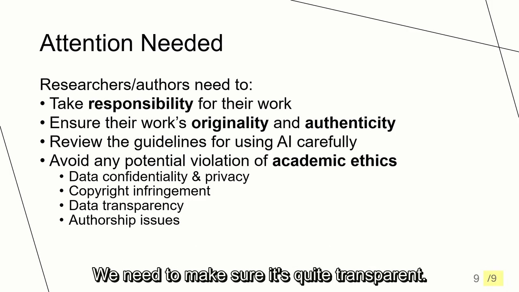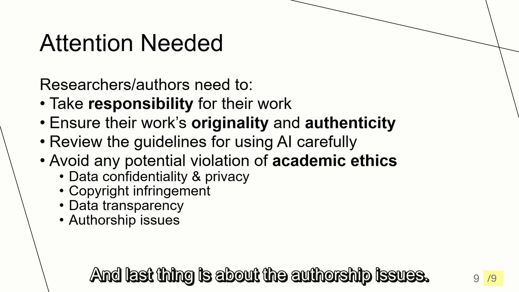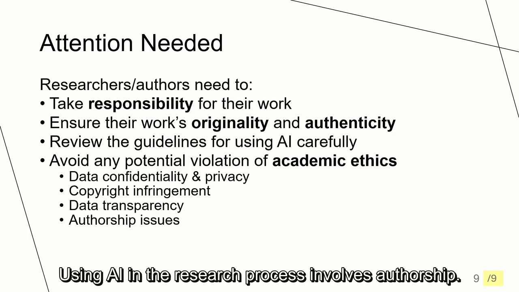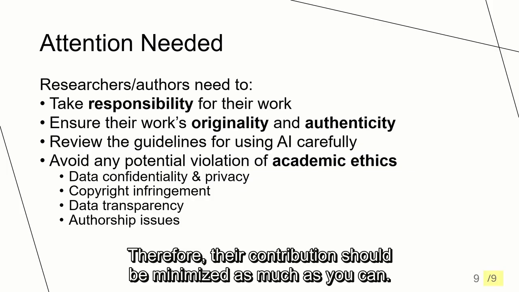We need to make sure it's quite transparent. And the last thing is about authorship issues. Using AI in the research process involves authorship, but we need to know AI cannot be your author or co-author. Therefore, its contribution should be minimized as much as you can.